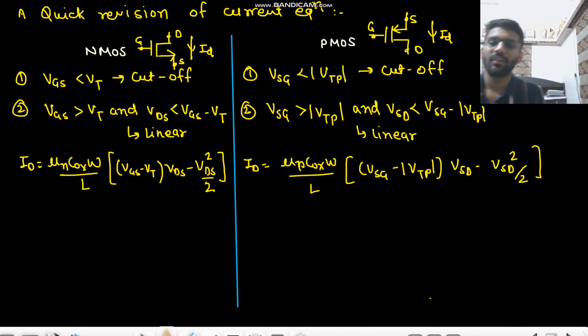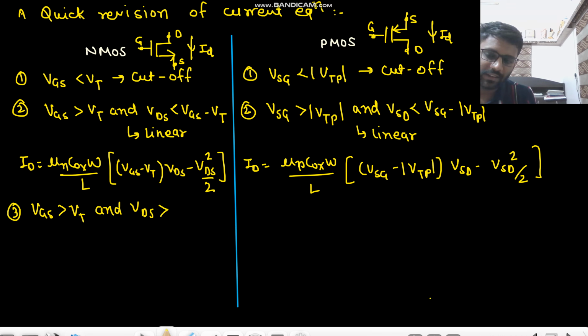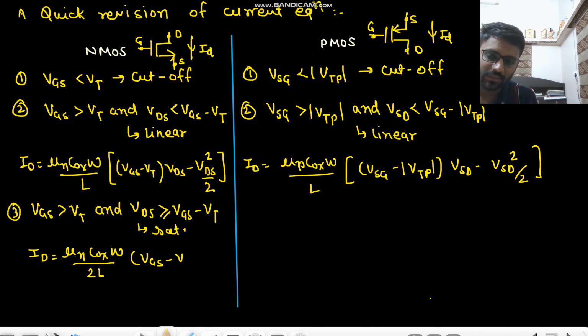Third point: when VGS is greater than VT and VDS is greater than or equal to VGS minus VT, then it will be in saturation. Current ID would be mu n COX W by 2L into (VGS minus VT) whole square.